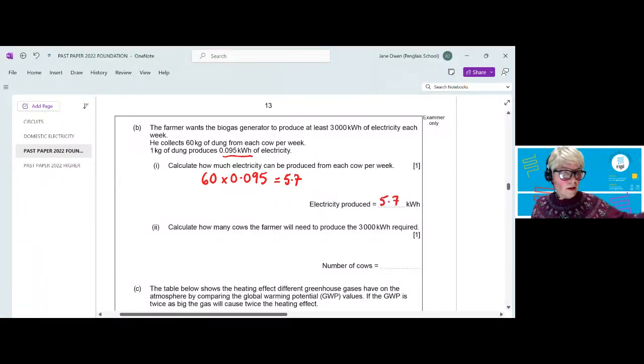Calculate how many cows the farmer will need to produce the 3,000 kilowatt hours needed. So 3,000 is what is needed. For each cow for every week, let's divide it by 5.7 to find the number of cows needed. So 526.3.